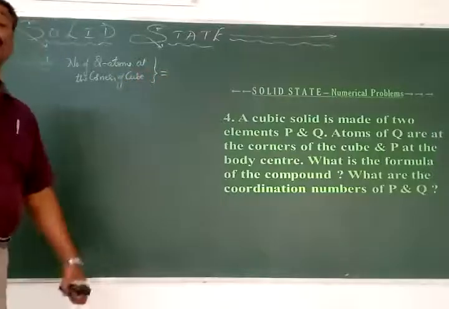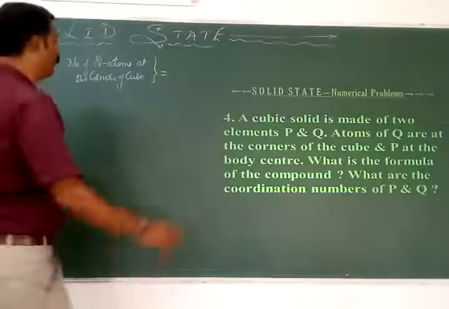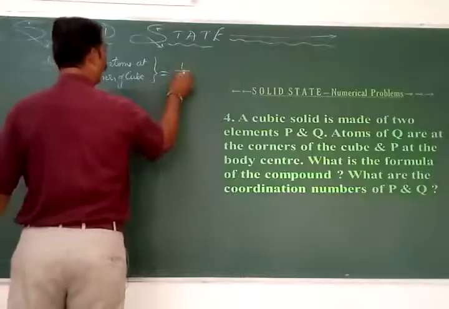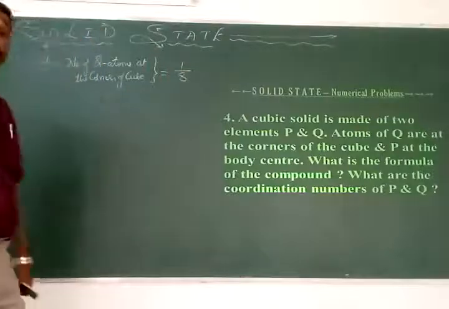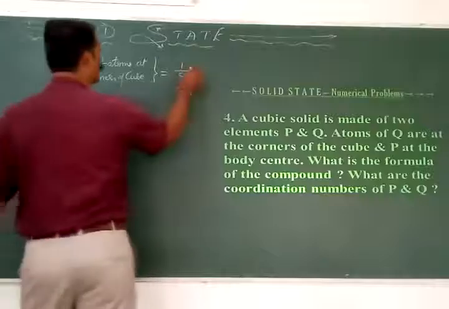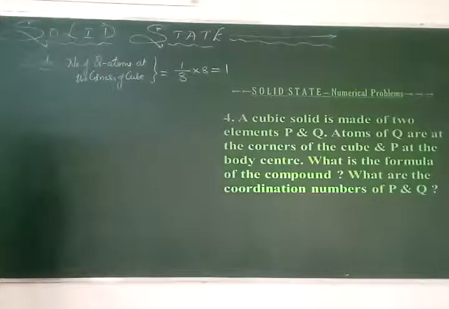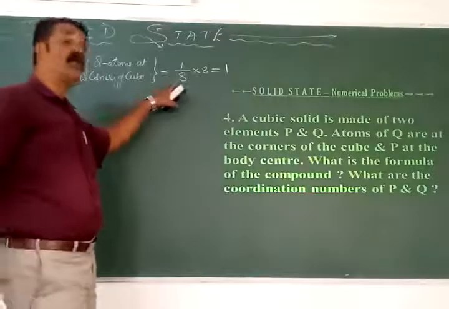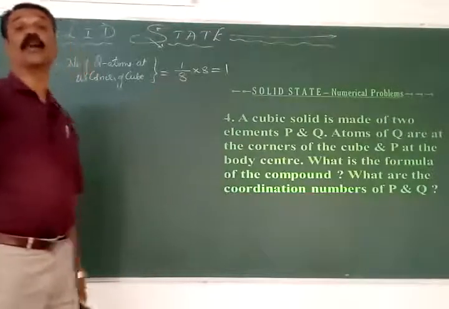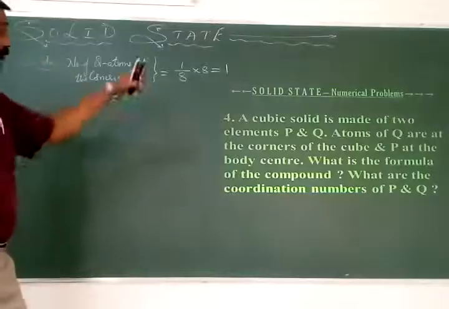What's the contribution for each corner particle? As we know, it is 1 by 8. Into how many corners are we having in a simple cube? It is equal to 8. Therefore, how many Q atoms are there? Just only 1, because they are situated at the corners. Each corner contribution is 1 by 8, into the 8 corners. Therefore, it is equal to 1.